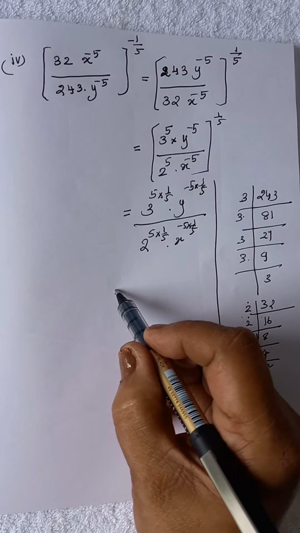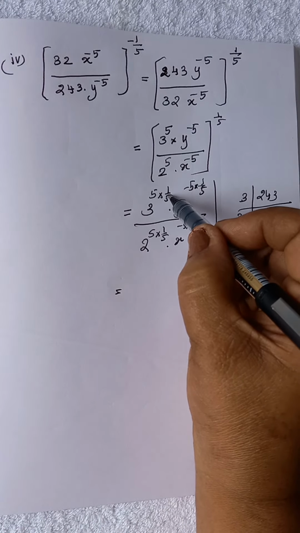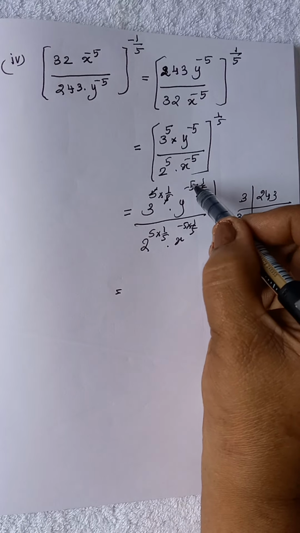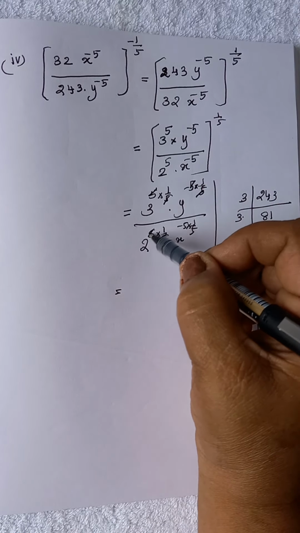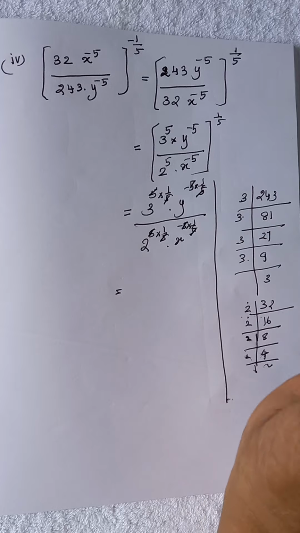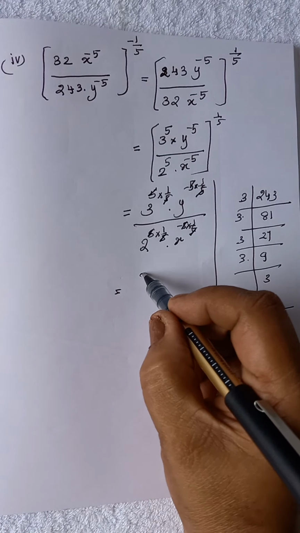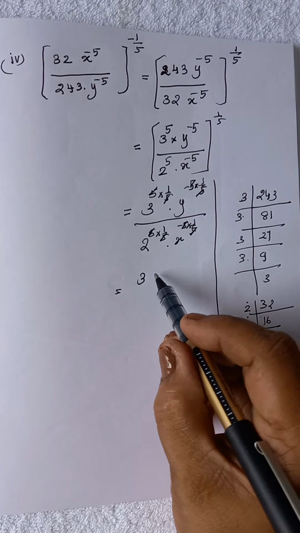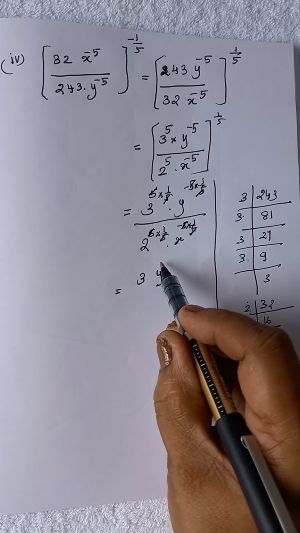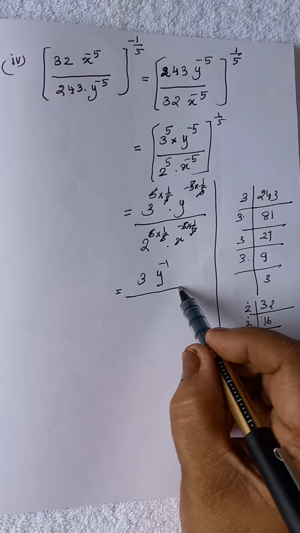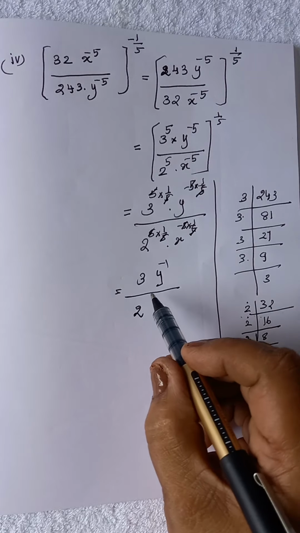Now we can cancel this 5 and 5, this 5 and 5, this 5 and 5, and this also 5 and 5. So what is remaining? 3 raised to 1, that is 3 into y raised to minus 1 divided by 2 raised to 1 is 2.